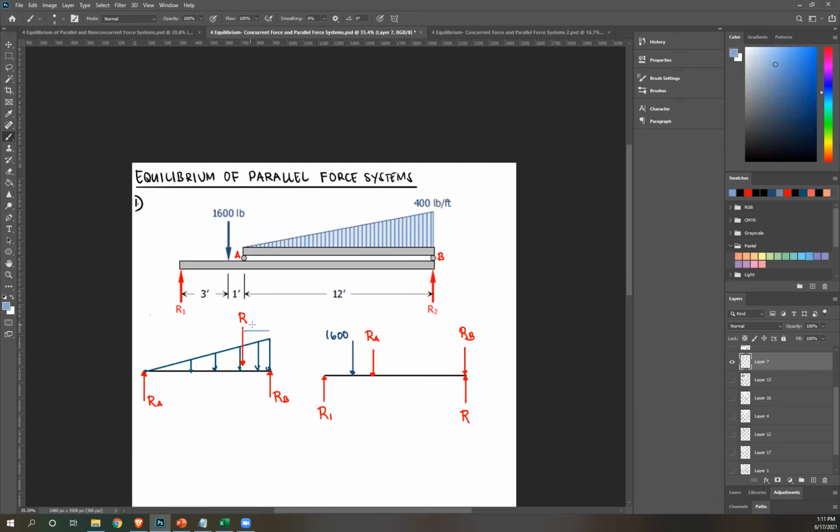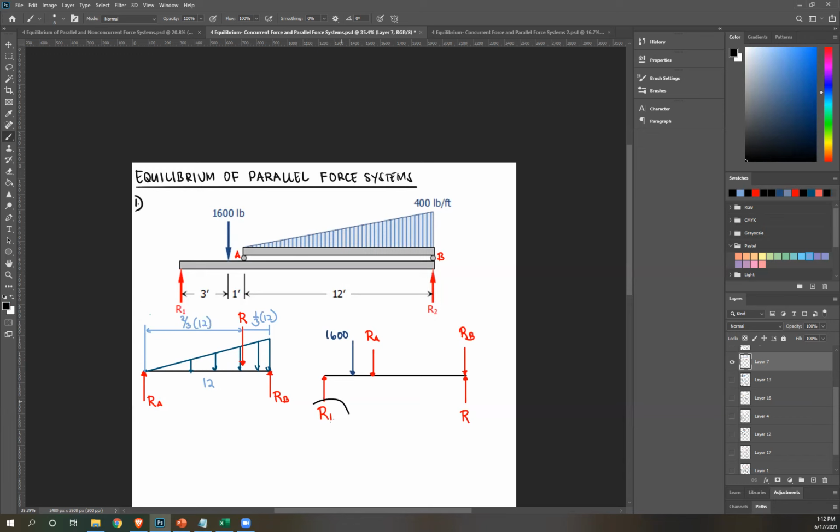It's 1/3 base from the higher end. This is the higher end, so this is 1/3. This entire thing is 12, so it's 1/3 of 12. And then therefore this is 2/3 of 12. Right, so that's your free body diagram.